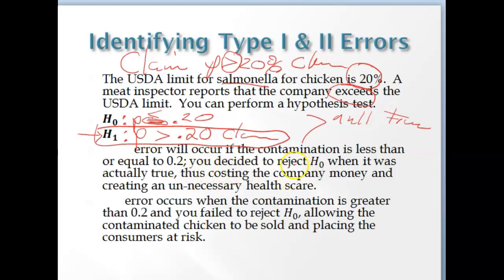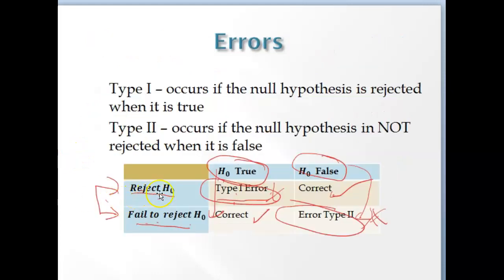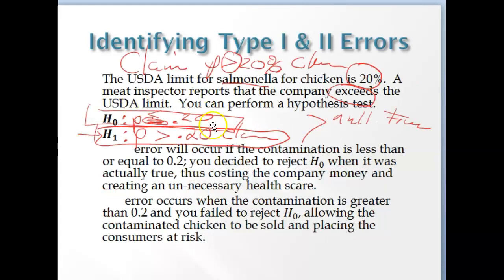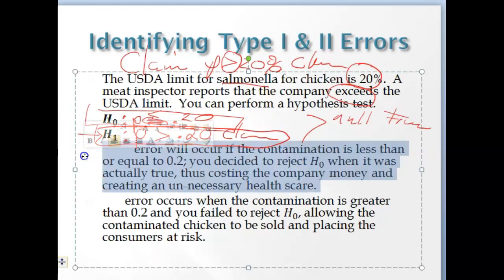In other words, you say, oh, I don't believe that the null hypothesis is true, I'm going to reject it. So what happens here is that you're rejecting a true null hypothesis. So when you reject the null hypothesis and it's actually true, that is a type 1 error. So this is type 1.